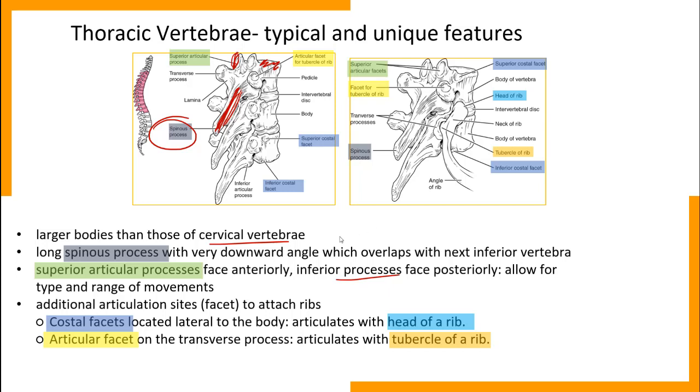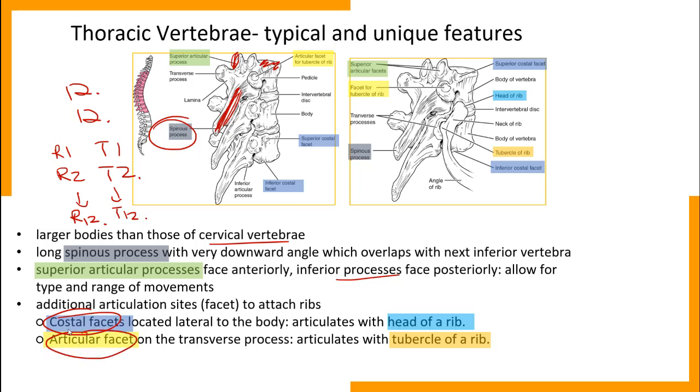So the way that the thoracic vertebrae attach to the ribs: we have 12 ribs, so we have 12 thoracic vertebrae, right? Rib 1 will attach to thoracic vertebrae 1, rib 2 will attach to thoracic vertebrae 2, and so on and so forth until you get all the way down to the last pair of ribs. The ribs articulate with the thoracic vertebrae at two different locations, the costal facets as well as the articular facets.